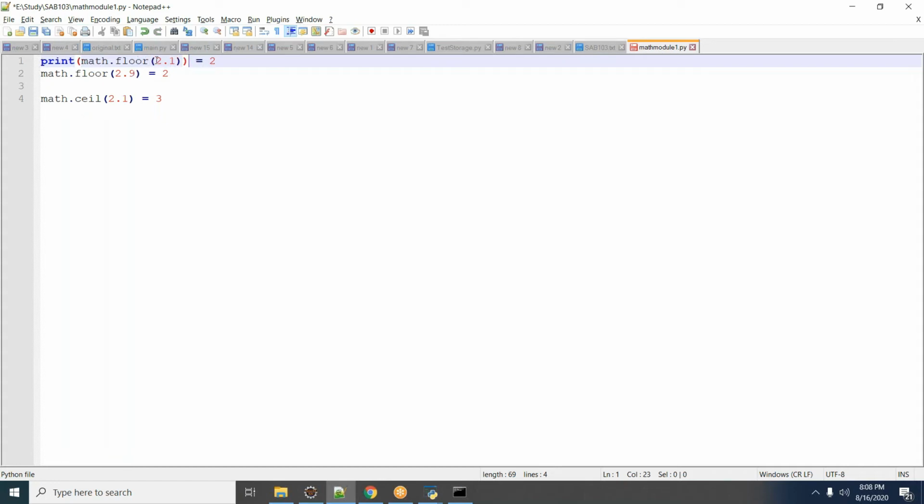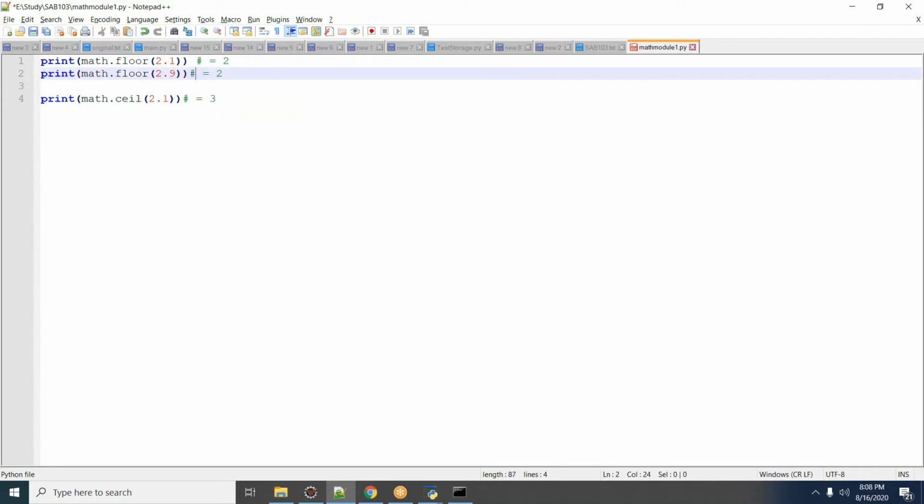Let me print the floor of 2.1. Floor of 2.1. Let me print the floor of 2.9. Let me print the ceil of 2.1. Comment. Okay, let's run this program.